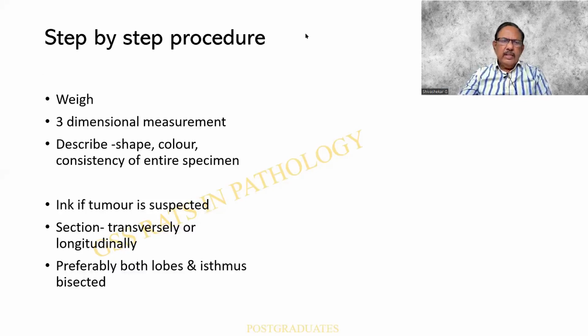These are the steps that we usually follow. Weighing: in fact, we circumvent it in the examination. I advise you students to kindly weigh any organ before measuring it. Then the three-dimensional measurement and the usual description of the size, shape, color, consistency, external surface, cut surface, etc.